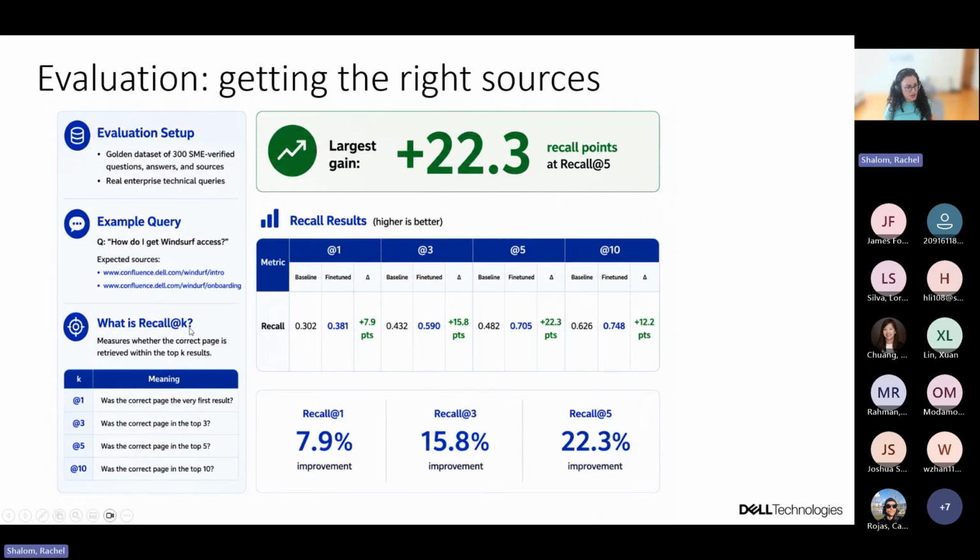And what we check is recall at K, meaning when I retrieve information, do I have the right link or do I not have the right link? When we compare the fine-tuned model versus a non-fine-tuned model, we saw an increase in all of the experiments. There is an increase of at least 10% in getting the right sources for the answer.